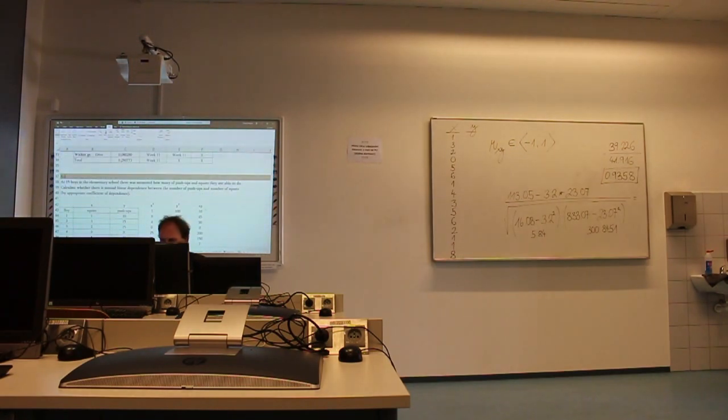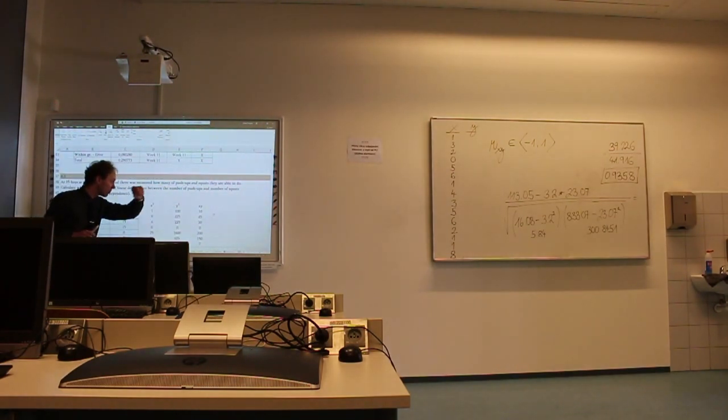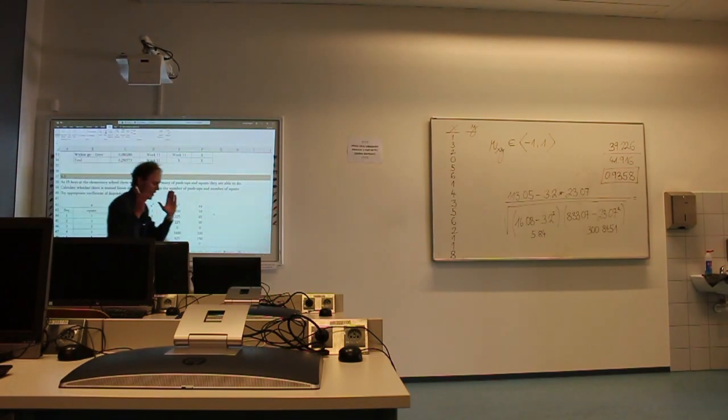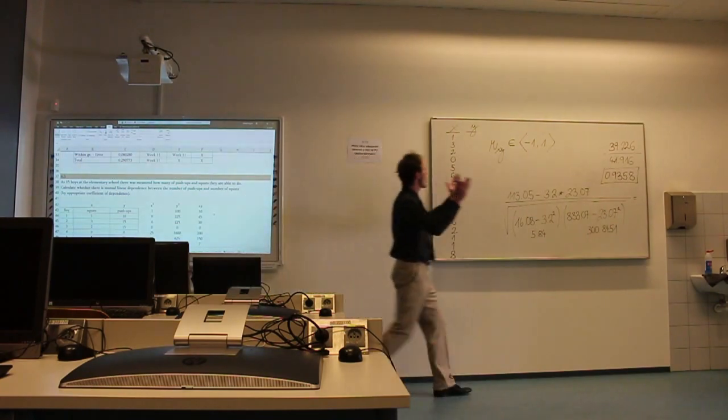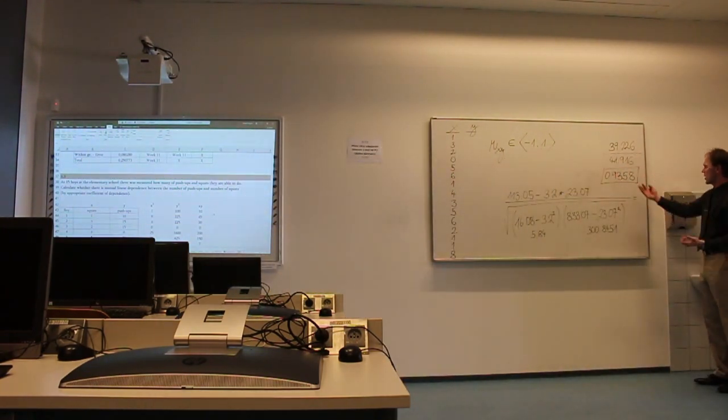So this example, 15 points at the elementary school. Calculate whether there is a mutual linear dependence between the number of push-ups and the number of squats by an appropriate coefficient. Yes, there is a strong positive dependence. If the boy is strong, he is able to do a lot of squats and a lot of push-ups.